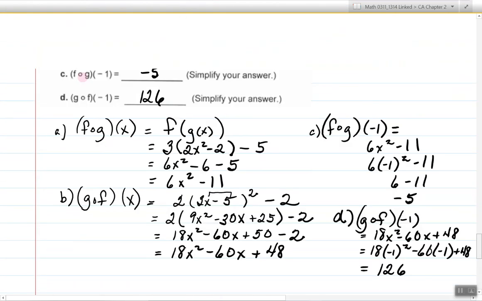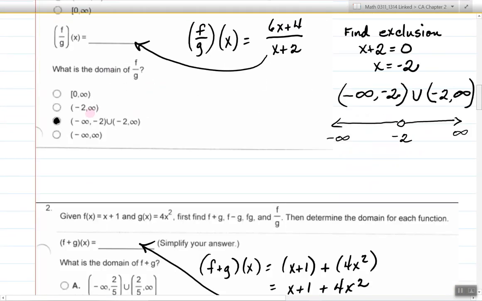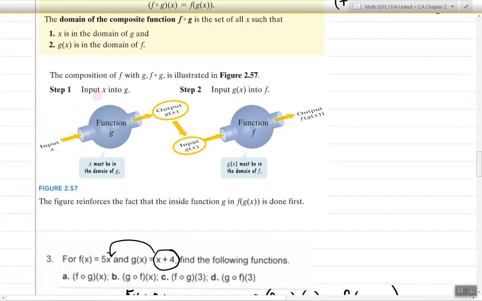Right here. The domain of a composition, f composed with g, is a set of all x's such that x is in the domain of the inner one, g, and g of x is in the domain of f.